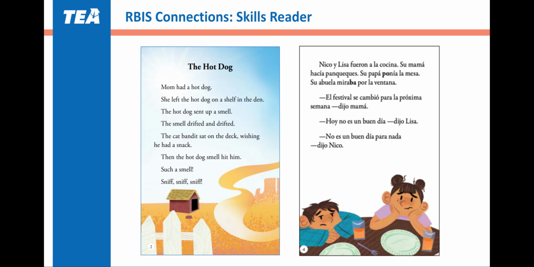The length and complexity of the stories will increase as students review more letter-sound correspondences. There will be a significant increase in length from the Unit 1 reader to the Unit 2 reader. This component connects to the RB's foundational skills as it provides students with the opportunity to engage with explicit, systematic practice.